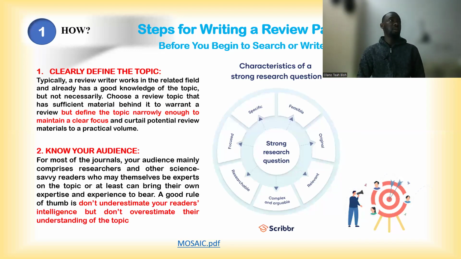It's important because the field that you are going to write about, especially for a review paper, has tons of readers out there. You have tons of experts out there that are very good as well. So you don't want to overlook them, and you also don't want to overdo it.